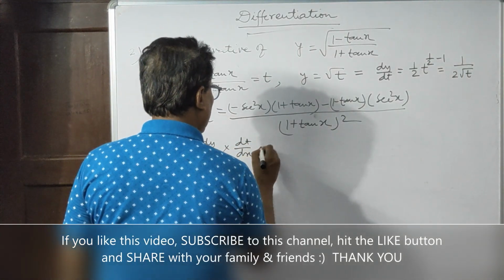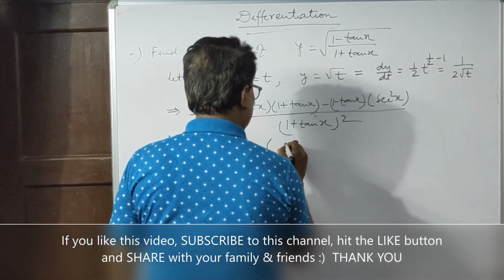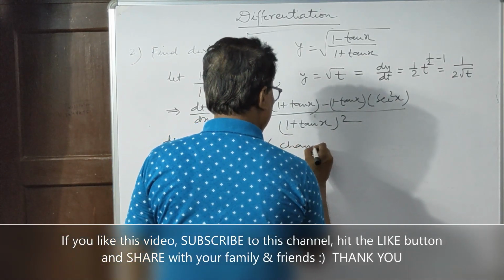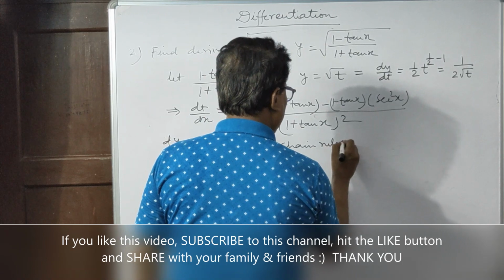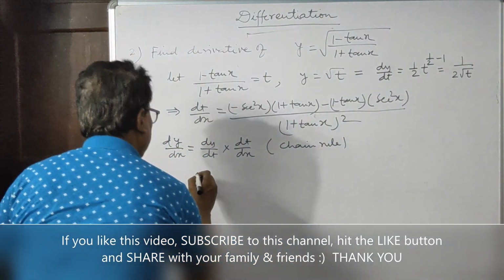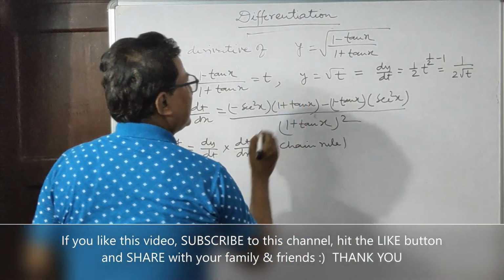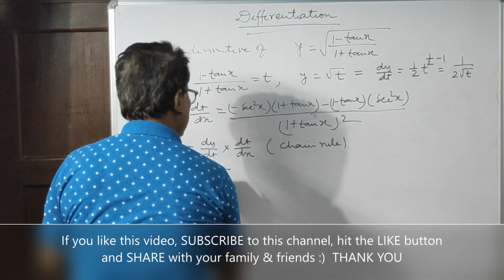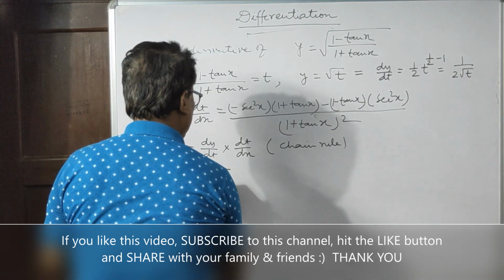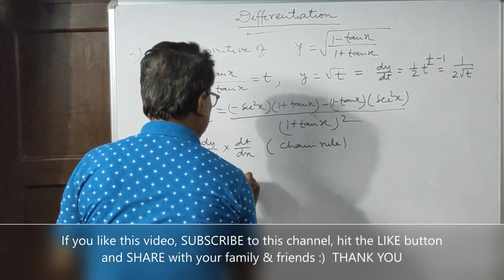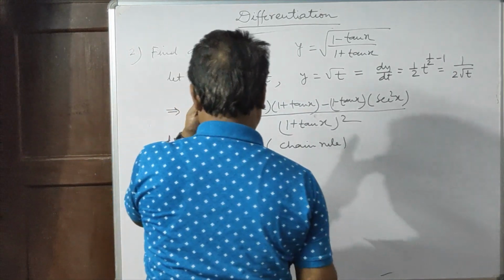This is the chain rule. You will get dy by dx is equal to 1 by 2 root t into dt by dx.